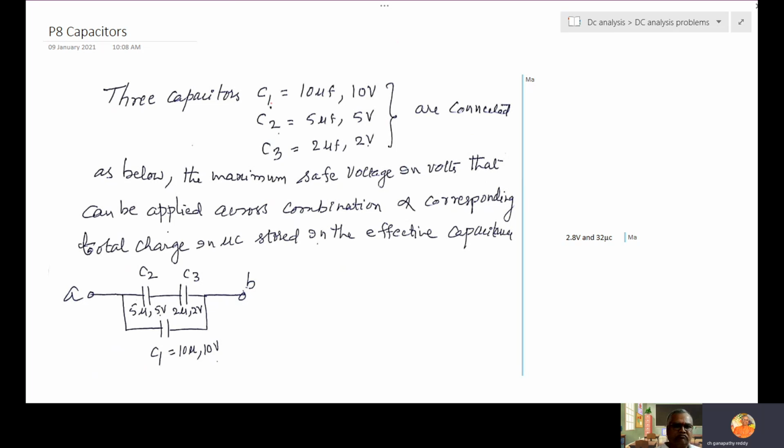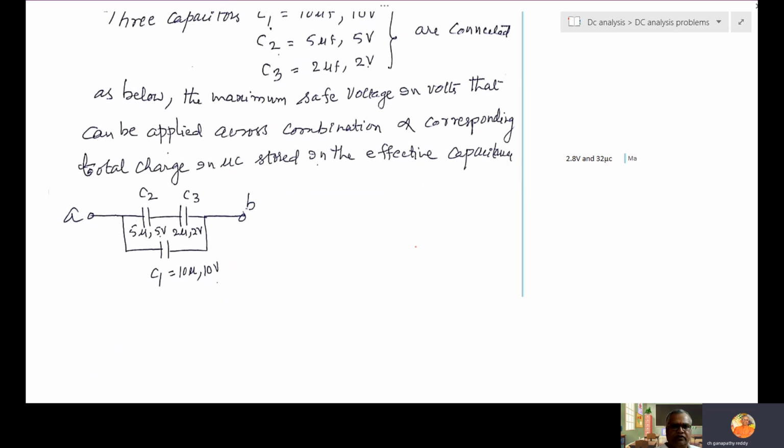3 capacitors C1, C2, C3, 10 microfarad 10 volts, 5 microfarad 5 volts, 2 microfarad 2 volts are connected as below. The maximum safe voltage in volts that can be applied across the combination, and the corresponding total charge in microcoulomb stored in the effective capacitance.